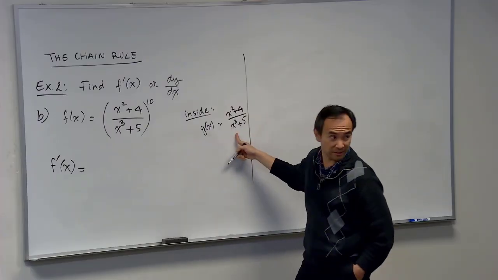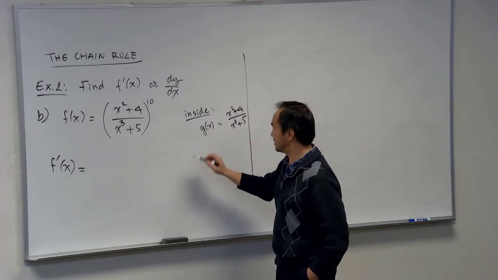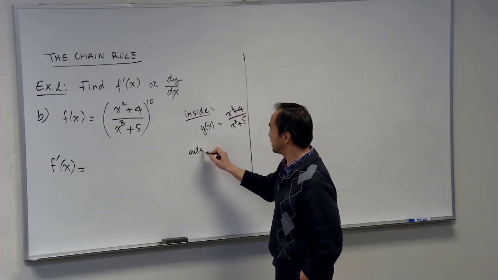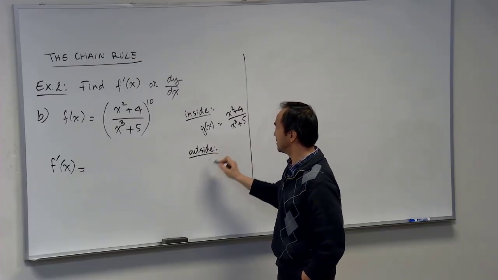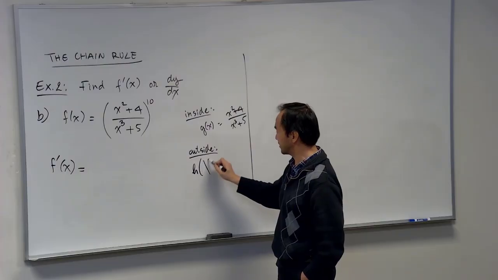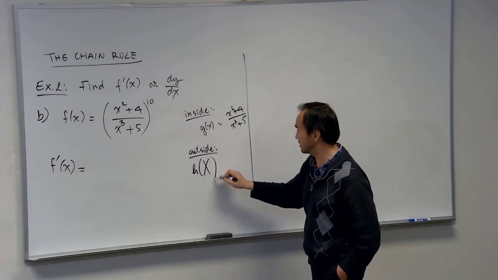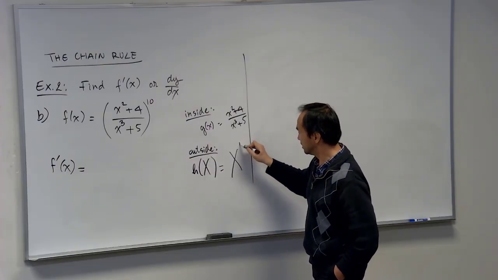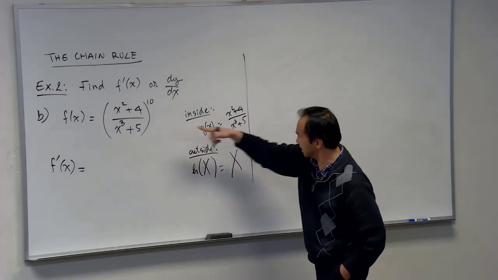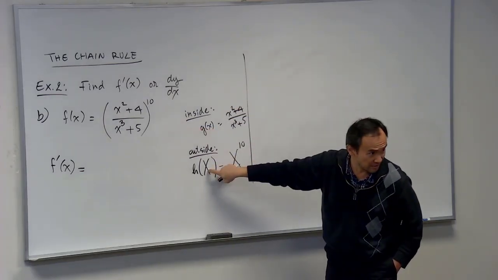That means the outside function, h of x, is whatever to the 10th power. So the whole thing is g stuffed inside of h.